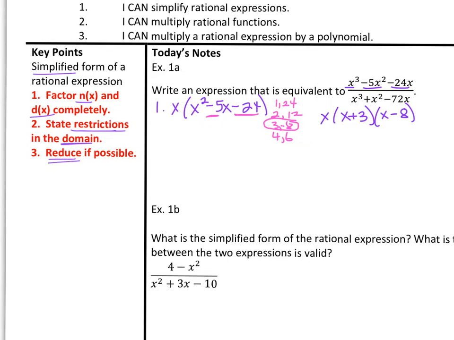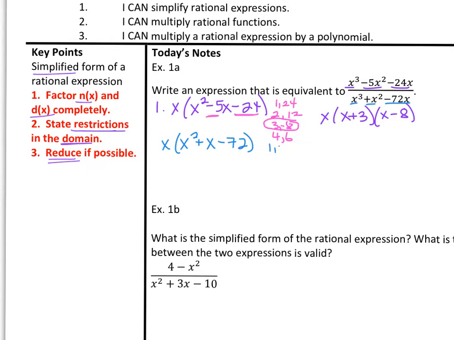In the denominator, we have x cubed plus x squared minus 72x. So again, we can factor out an x, and we would have x squared plus 1x minus 72. Ooh, this seems a little intense, doesn't it? Let's see what factors go into 72.